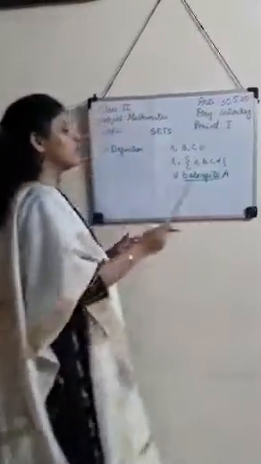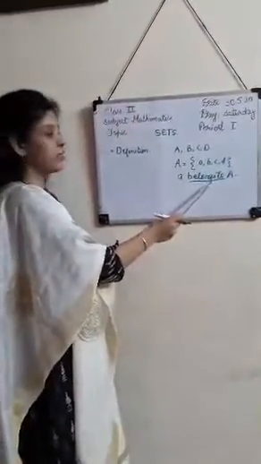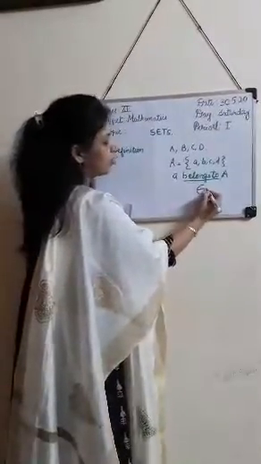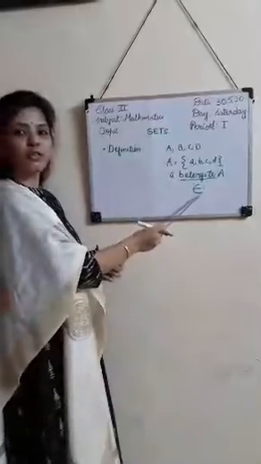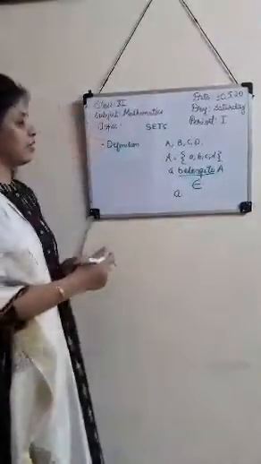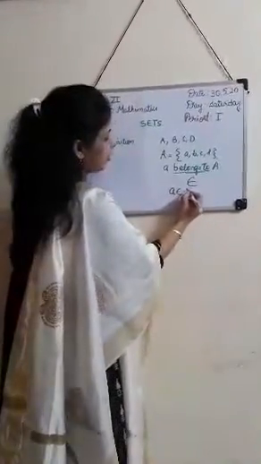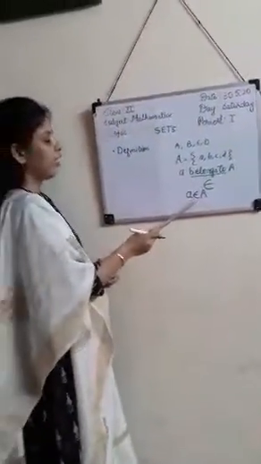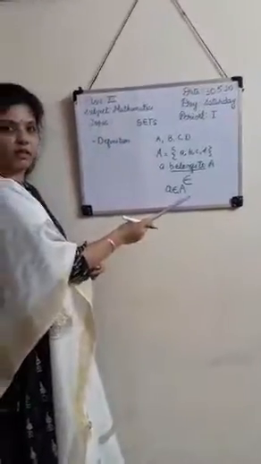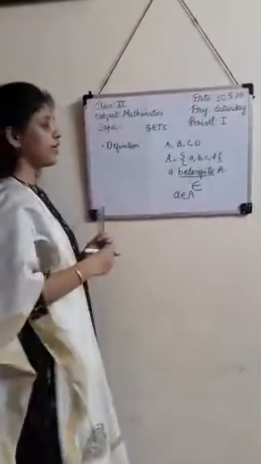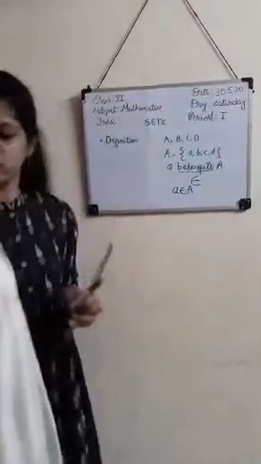Okay. So the words belongs to are denoted by the symbol epsilon. This symbol is called epsilon and it is written as a epsilon capital A, and we read it as a belongs to set A. Now here f does not belong to set A. So how do we write it?